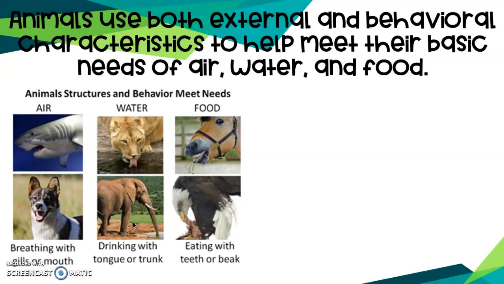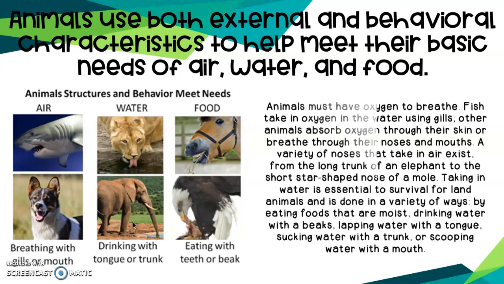Animals use both external and behavioral characteristics to help meet their basic needs of air, water, and food. Animals must have oxygen to breathe. Fish take in oxygen in the water using gills. Other animals absorb oxygen through their skin or breathe through their noses and mouths.